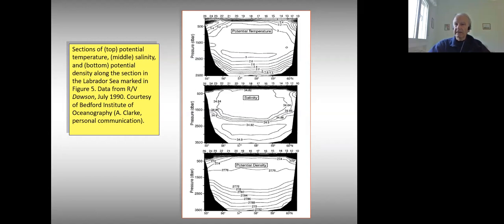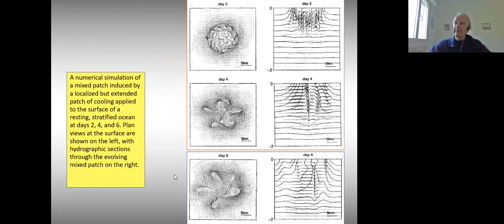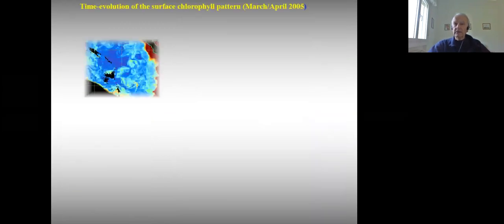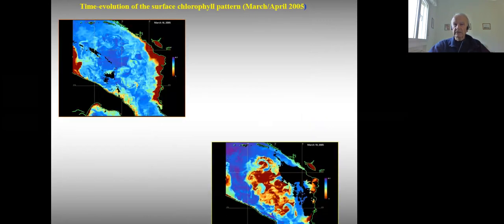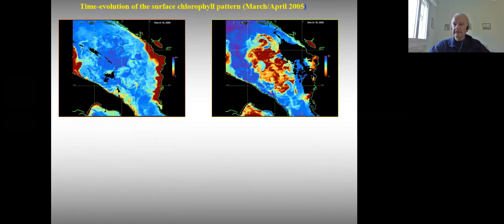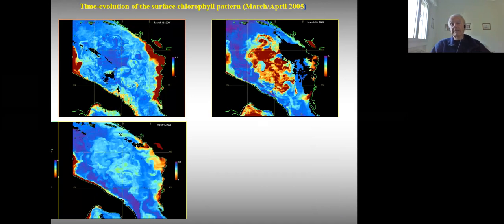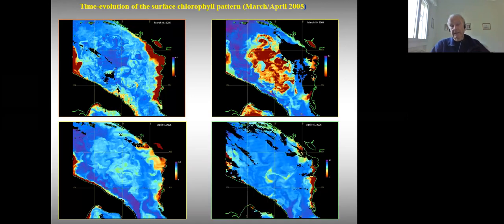Here is a numerical simulation of the mixed patch, just to show you that it's relatively easy to produce it in a numerical model, and how it evolves with time. Let me show you a sea surface signal of this vertical mixing.